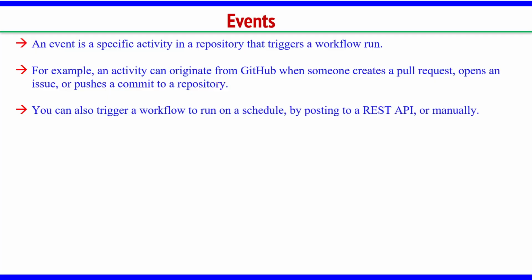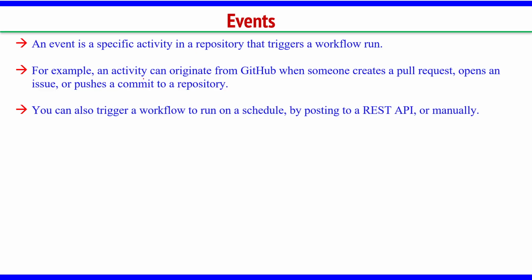The second component is events. What is an event? An event is a specific activity in a repository that triggers a workflow. So some action, something should change in the repository such that an event can occur. When an event happens, the workflow is triggered, right?